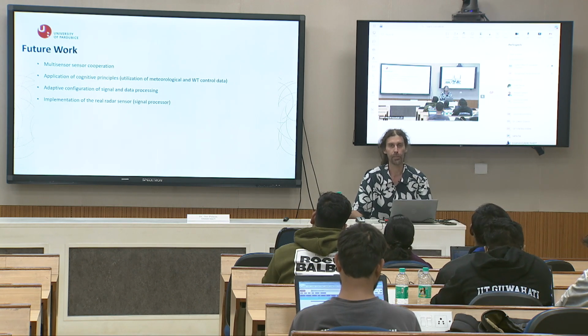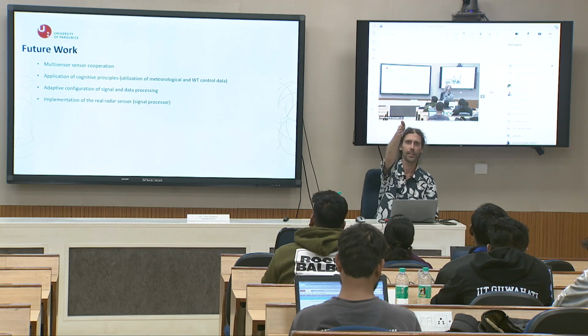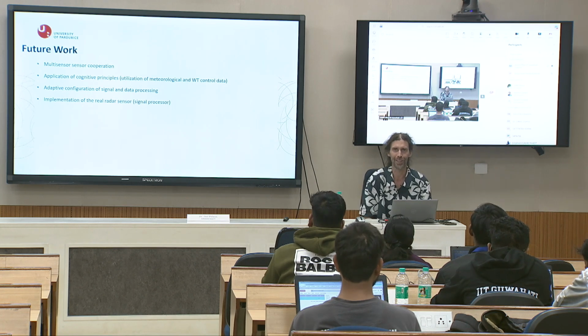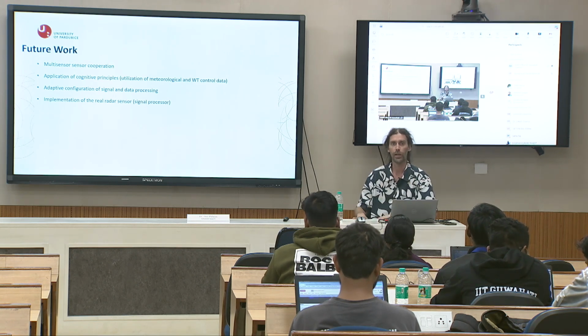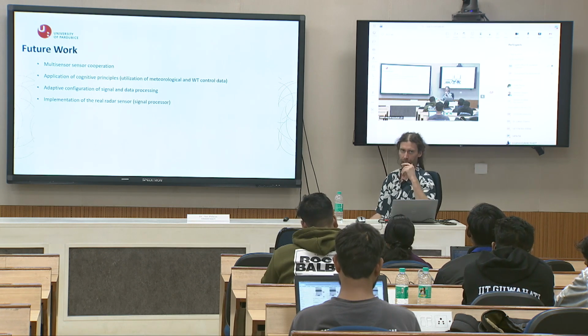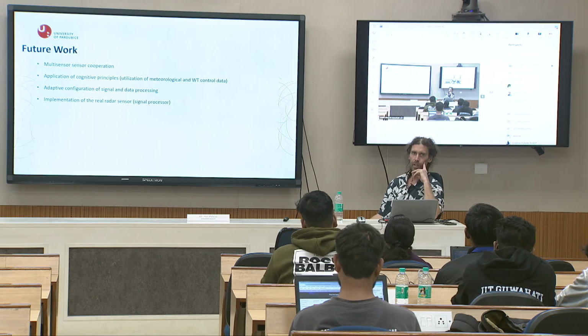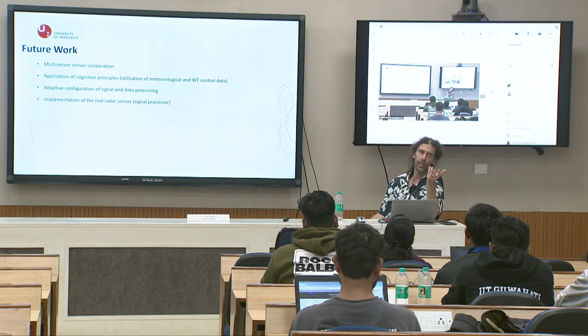Application of cognitive principle, we just discussed it with your colleague about cognitive radars. So it is a perfect example. It could include utilization of meteorological and wind turbine control data. So do we have some site with information about wind turbine parameters, such as that the wind turbine is now rotating at 7 RPM?